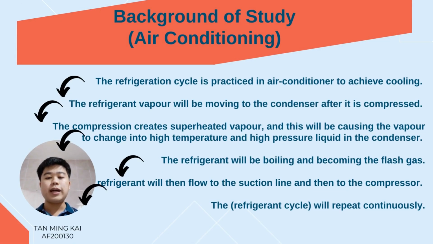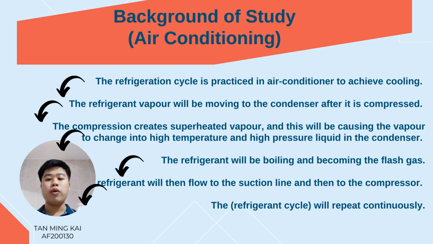The refrigeration cycle is practiced in an air conditioner to achieve cooling. The refrigerant vapor will move to the condenser after it is compressed. The compression creates superheated vapor, and this causes the vapor to change into high temperature and high pressure liquid in the condenser. Its state will change again when it passes over the metering device.